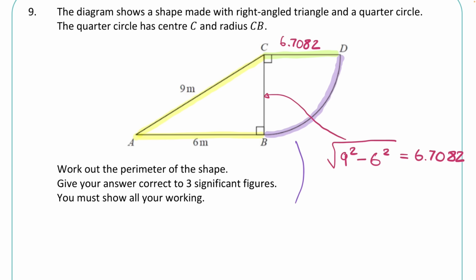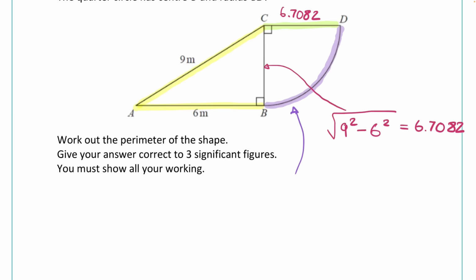Now the other line that we have to find here is part of the circumference of the circle. So the circumference of a circle is pi times diameter, or 2 pi r, depending on which one you use, and this is only a quarter circle. So when we are looking at circle sectors, we're going to think about what fraction of the circle it is. A quarter circle is a nice one, as it's 90 out of 360.